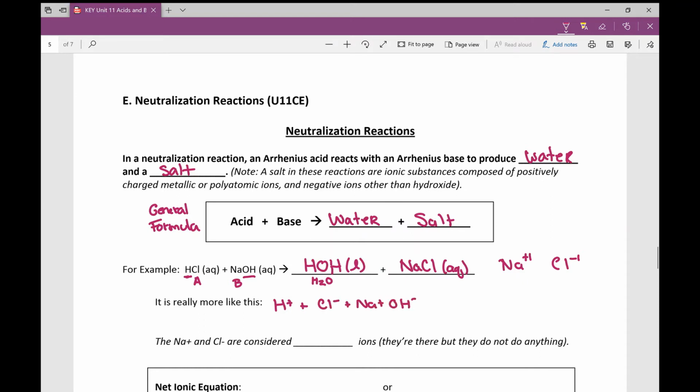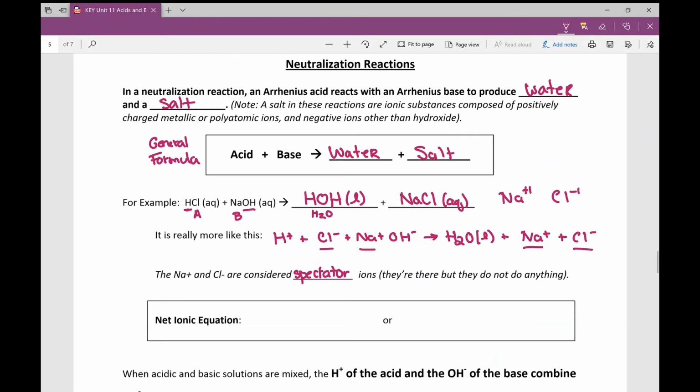When they undergo the reaction, you would still have your water molecules, those would not be separate, and then you'd have your sodium chloride. If you look, the sodium and chloride ions are present at the beginning and at the end. Those are considered spectator ions. They're watching the reaction, but they're not actually participating in it.